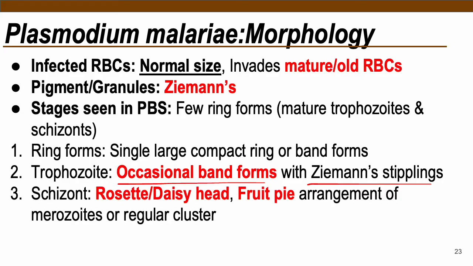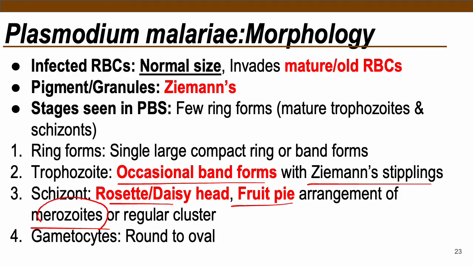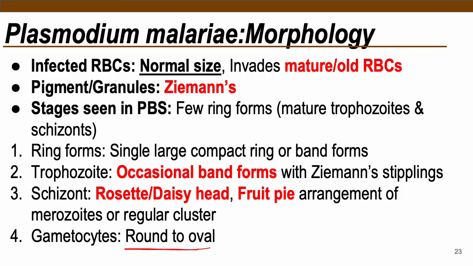For their schizonts, these appear as rosette or daisy head or fruit pie in terms of the merozoites. Their merozoites are arranged in a rosette form. For the gametocytes, these are not diagnostic since only the shape is visible. So here is a sample picture of the ring forms for Plasmodium malariae.